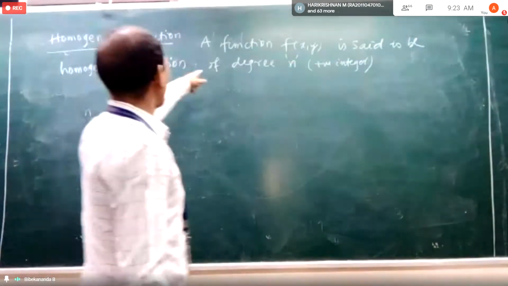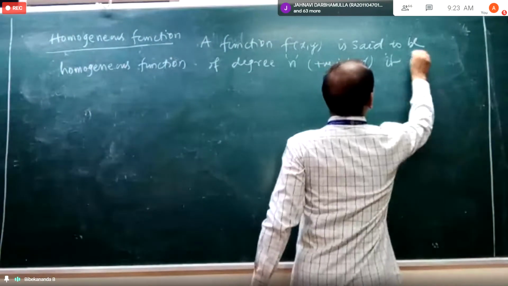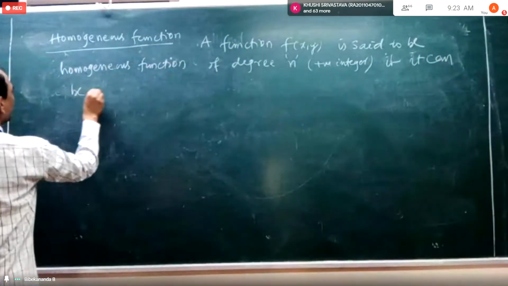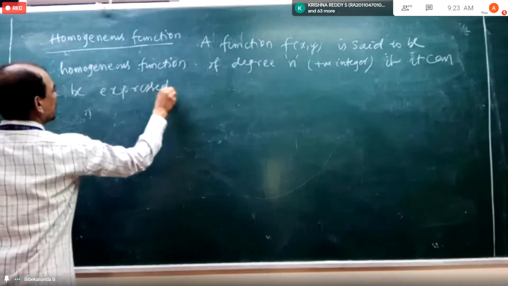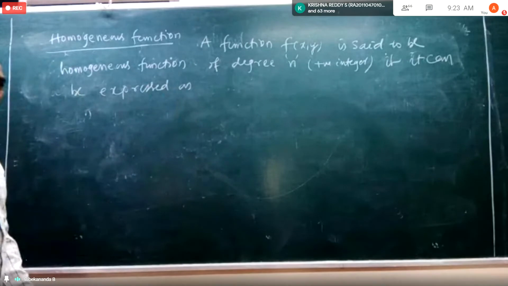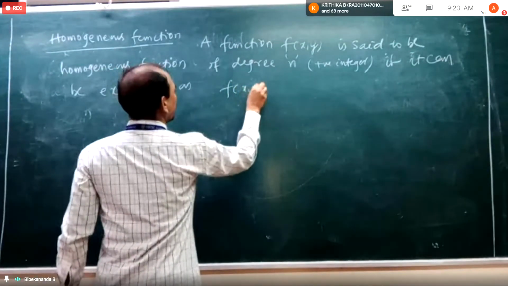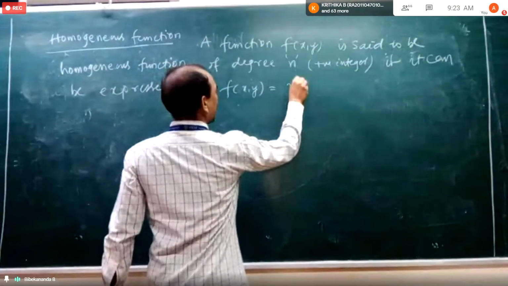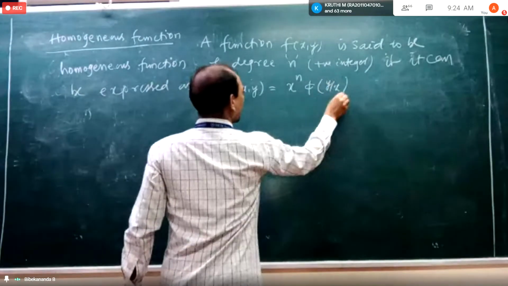So a homogeneous function of degree n, if it can be expressed as f of x, y is equal to x to the power n, again phi of y by x.